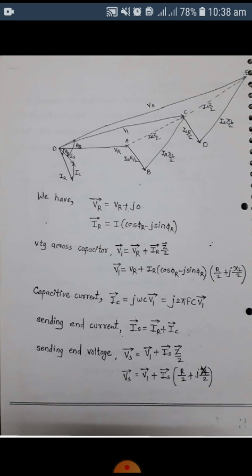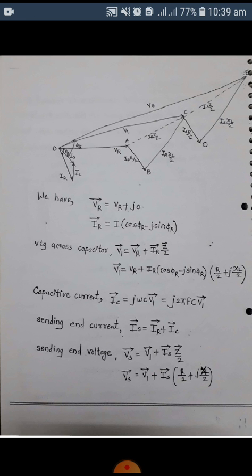Now because of the assumption of concentration of capacitance at the midpoint of the line, the whole line will get distributed in two different sections. Now we will consider the section which is from the receiving end side. In that section we have receiving end current and receiving end voltage.